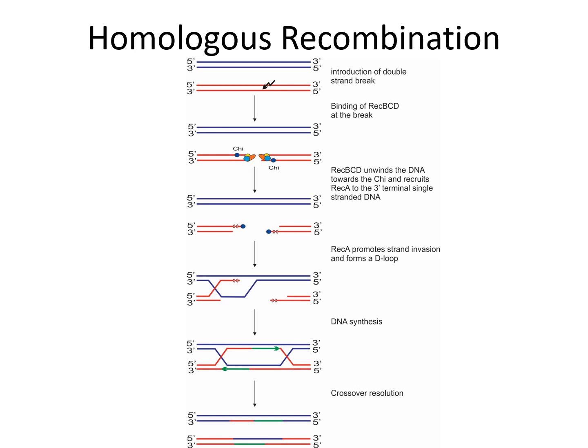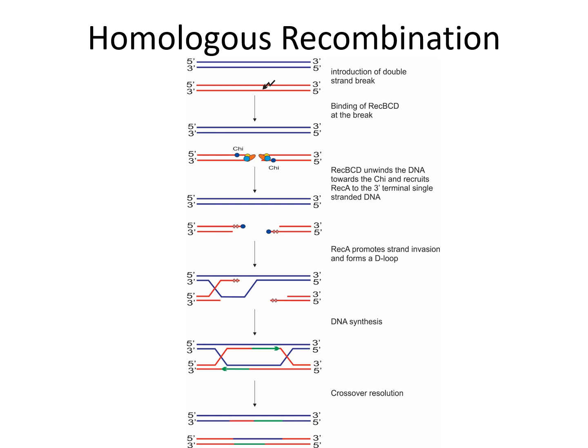And here's just an example to show you the homologous recombination in the E. coli. Basically, the RecBCD homologous recombination pathway begins with the introduction of a double-strand break, and then the RecBCD protein binds to a DNA double-stranded break and uses its DNA helicase activity to unwind the DNA toward a so-called chi site, which has been found on average every 5 kilobases in the E. coli genome.